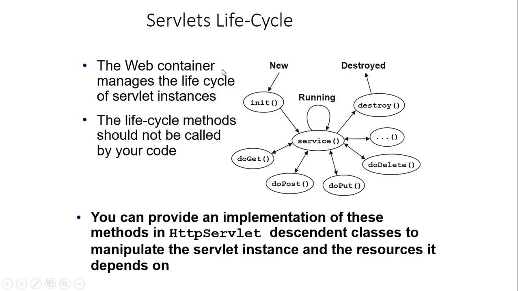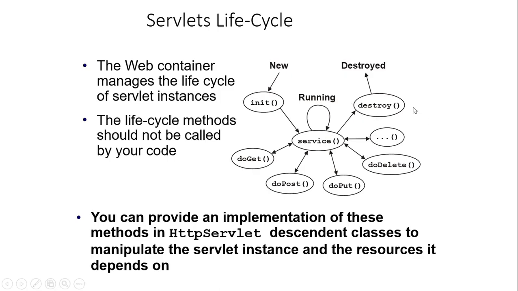Basically, the web container manages the life cycle of the servlet instances. It is managed only by the web container. The stages in the life cycle of a servlet are: init, meaning initialization, which is a method of initialization.